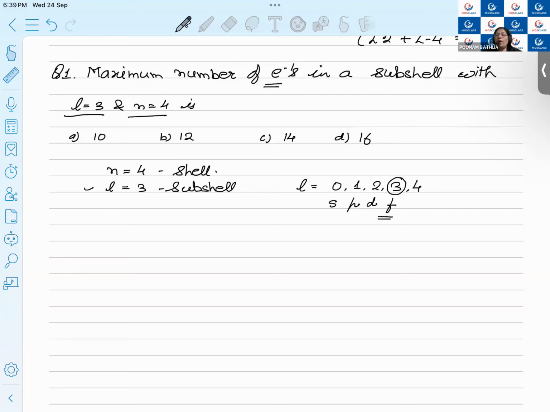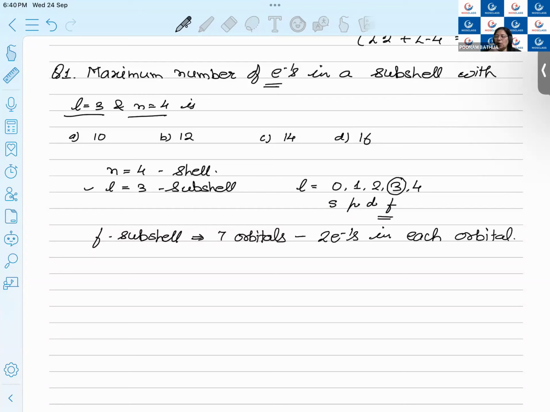Okay? In F, how many electrons, maximum electrons can reside? F subshell has 7 orbitals, and in each orbital maximum 2 electrons can reside. 2 electrons in each orbital.